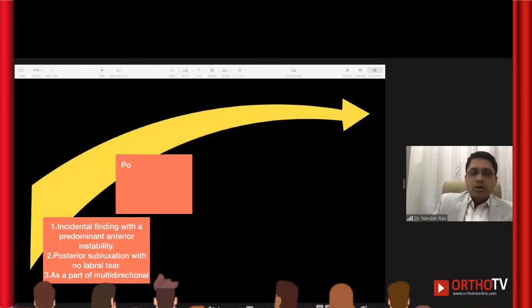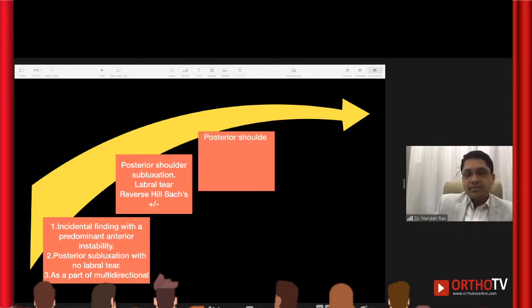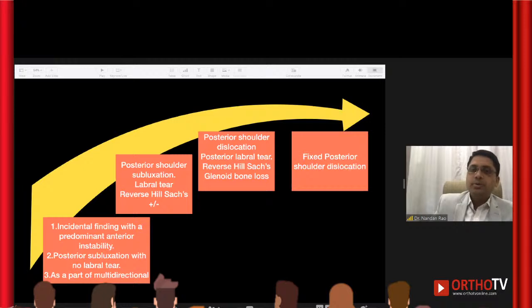The spectrum goes all the way, and patients who have a more severe presentation have posterior shoulder subluxation with a labral tear, with a reverse Hill-Sachs, which may or may not be present. Next, you might have patients with a posterior shoulder dislocation, a posterior labral tear, a reverse Hill-Sachs, and sometimes glenoid bone loss. And the most severe presentation is patients who present with a fixed posterior shoulder dislocation.